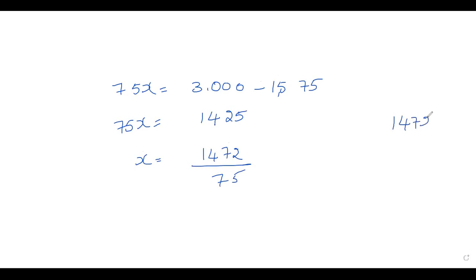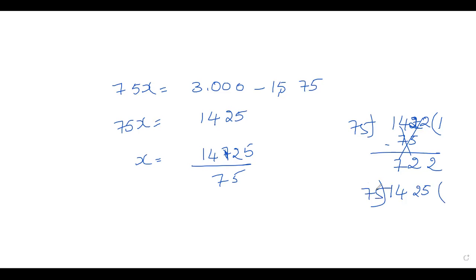See, if you divide it, 75 ones are 75. 1425 by 75. 14 minus 7 is 7, 13 minus 7 is 6.